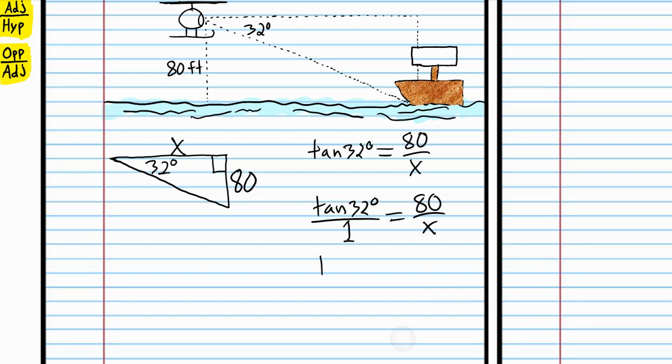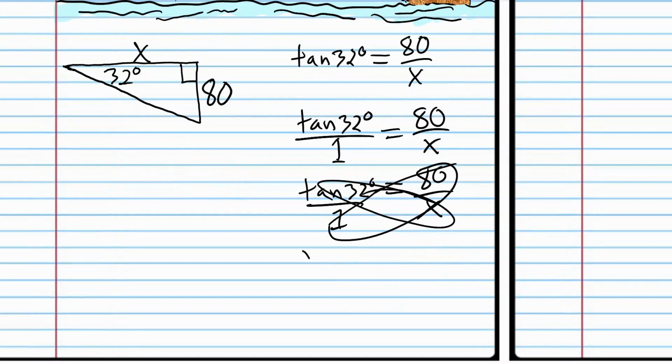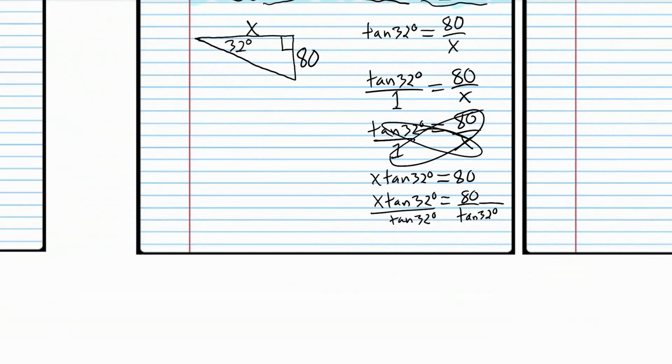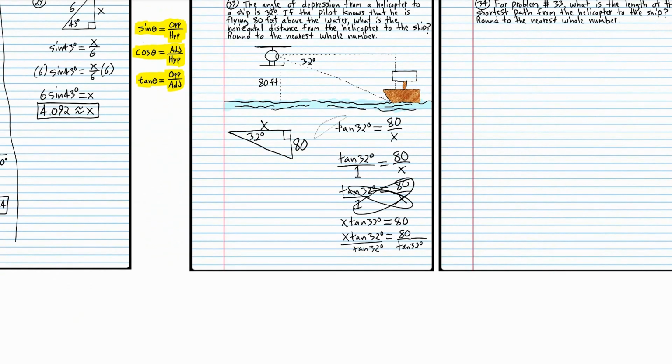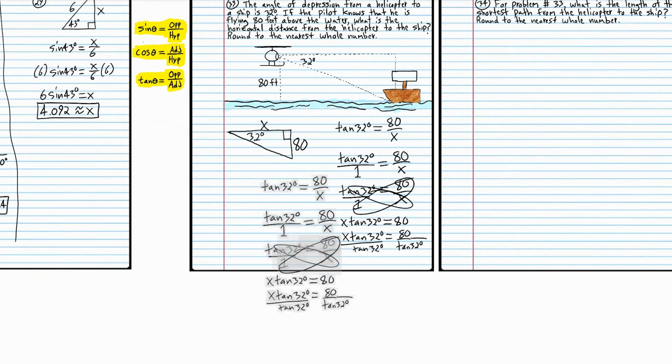So we can use cross multiplication, and we get x times tangent 32 degrees is equal to 80. And then I'm going to divide both sides by tangent 32, and the tangents cancel out, and we can't really go right to left, so I'm going to move this over.